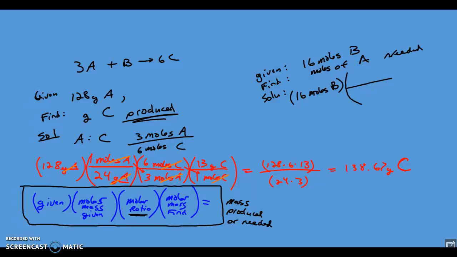My molar ratio is going to be 1 mole of B to 3 moles of A. Now, if I cancel out my units, I'm left with just moles of A, and that's what I'm looking for. So I'm done. And I can just calculate 16 times 3, which is 48 moles of A needed.